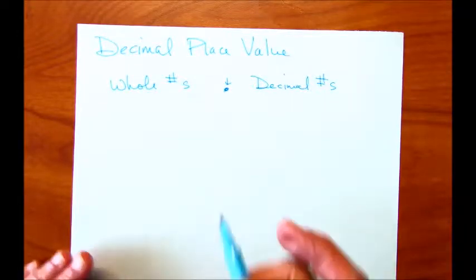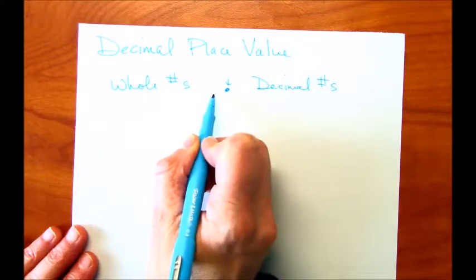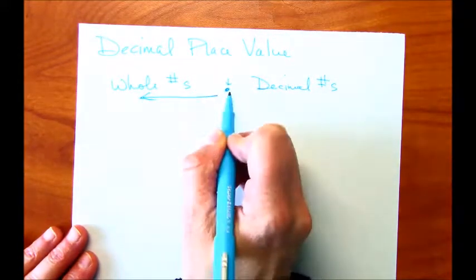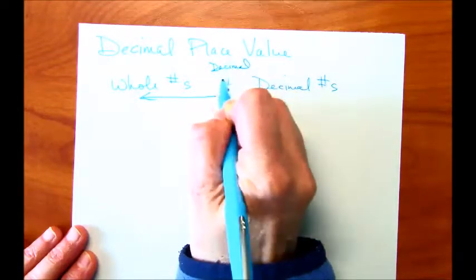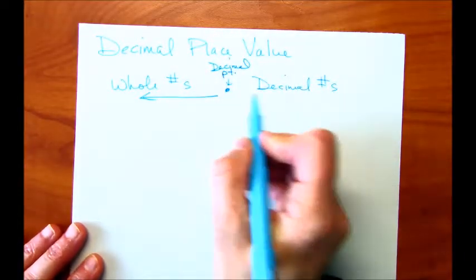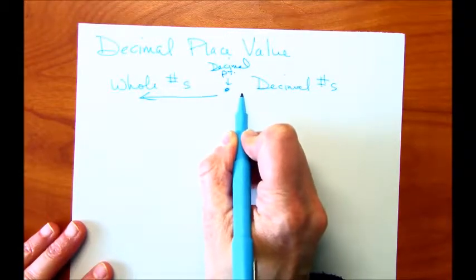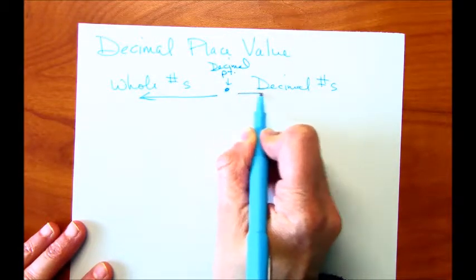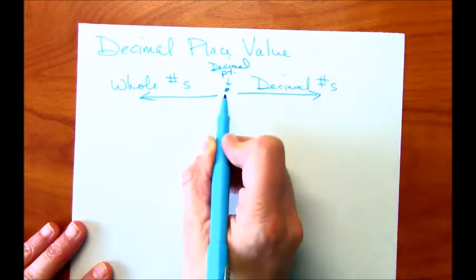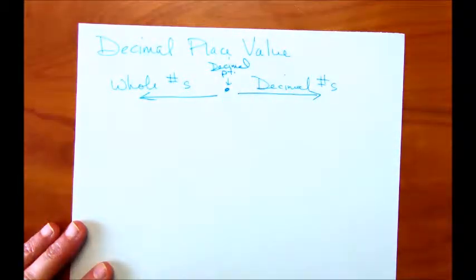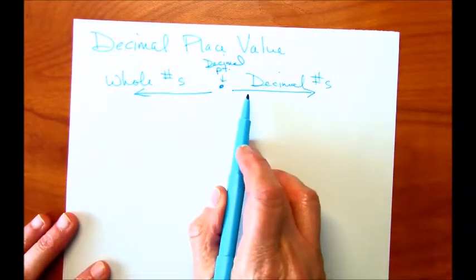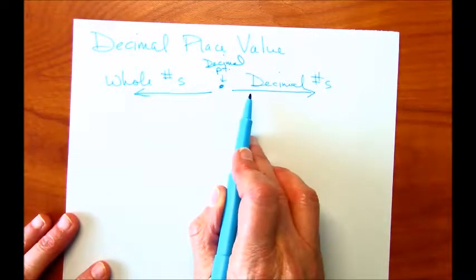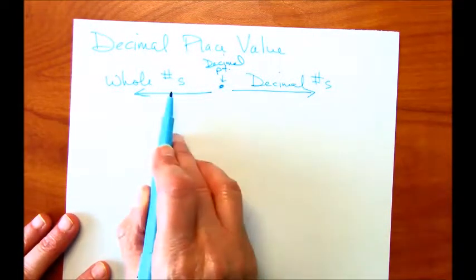Whole numbers were the numbers to the left of this decimal point here, and the decimal numbers are numbers generally to the right of the decimal point. These numbers are going to represent numbers that are less than 1.